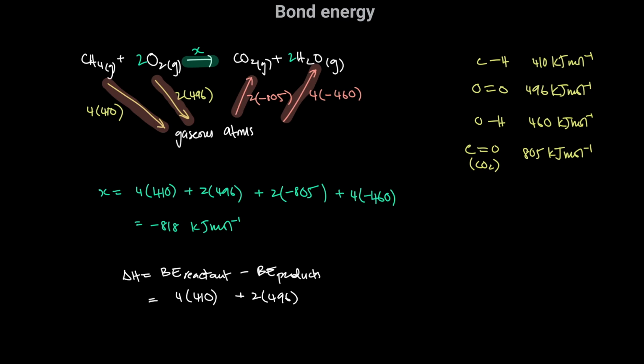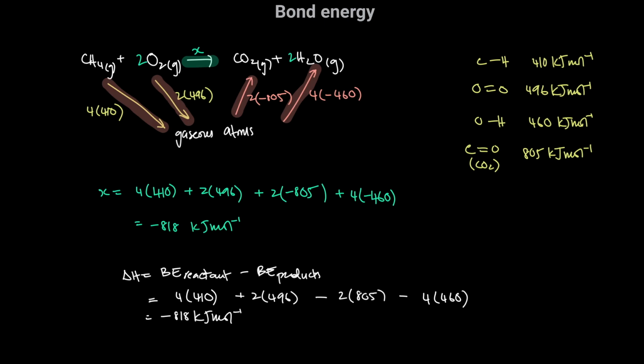And then you're going to subtract the bond energies of the products. You have 2 moles of the CO double bond, so you subtract 2 times 805. And then you have 4 moles of the OH single bond, so minus 4 times 460. So the answer will again come out to negative 818 kilojoules per mole.